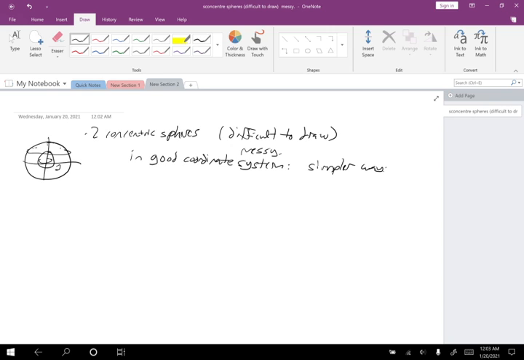If this is radius 1 and this is radius 2, then we can just plot this in, for example, the RZ plane as rho equals 1, rho equals 2. And so it's much simpler. So the 2D representation is simpler.